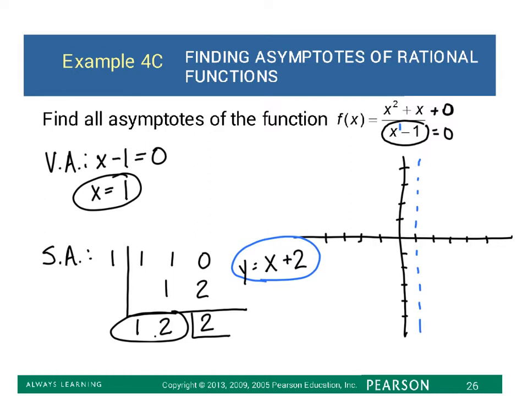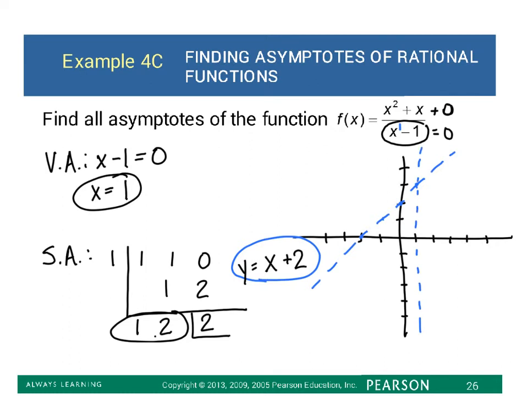So plot that line with a dotted line. x plus 2, the b-intercept, or y-intercept, right there, and it's going to go up 1 over 1. Okay, so we have the slant asymptote of that equation there.